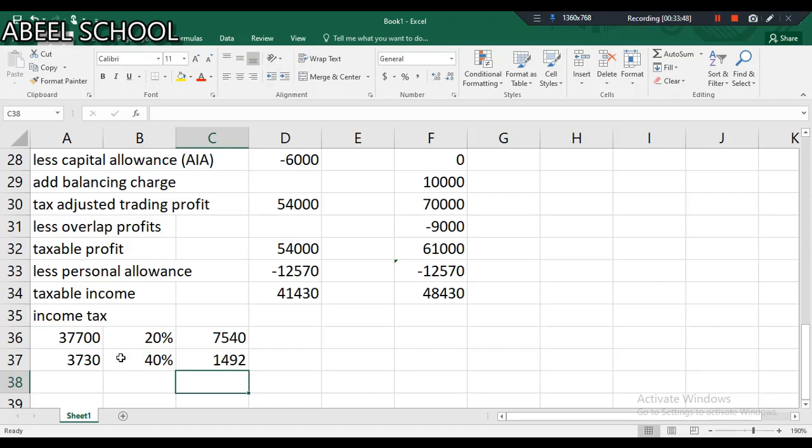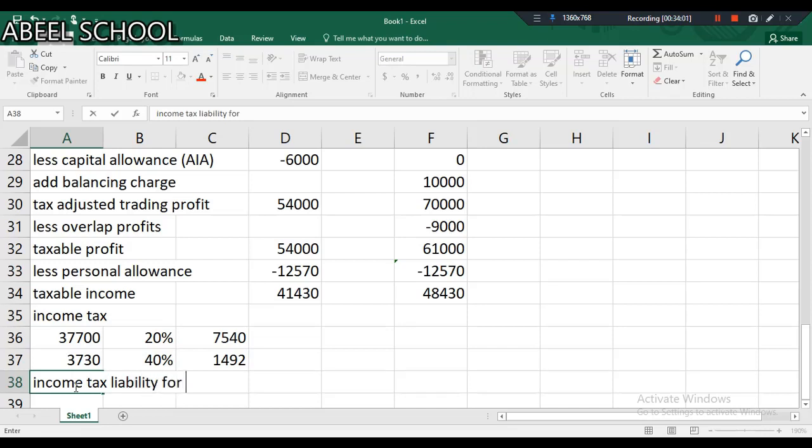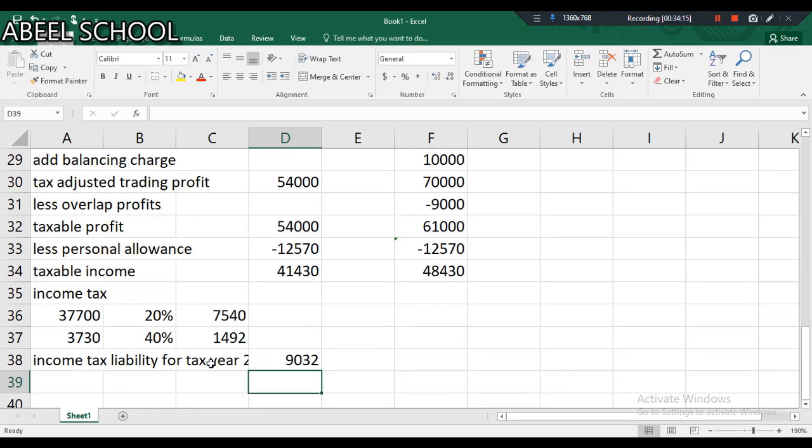So income tax liability for the tax year 22-23 is going to be... Simply add both of these. So here comes your income tax liability, which is 9032.